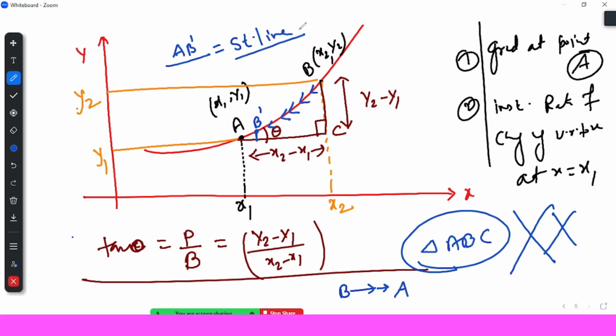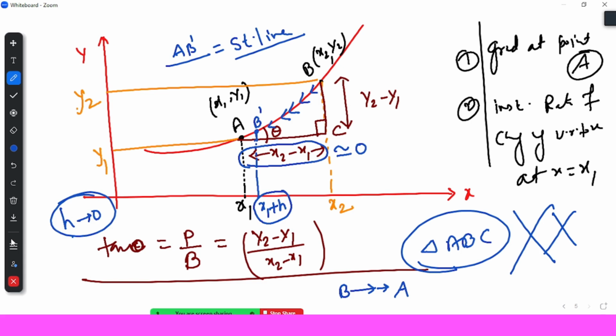Yes. In that case, what will happen? This x2 minus x1 will be near about 0. Why? When B dash will be near to x, it will be x1 plus some very small quantity h, where you can assume this h tends to 0, right?